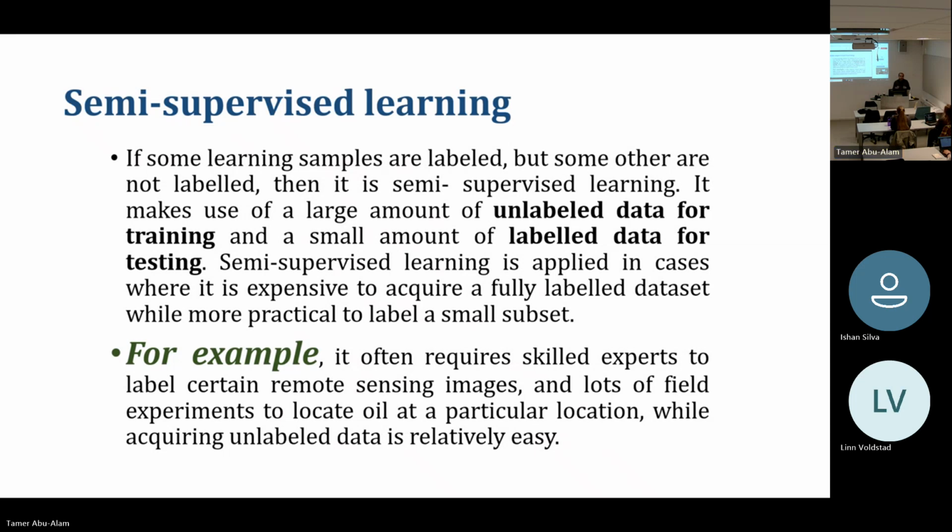But if you make it completely unsupervised, the machine will give you clusters. They will tell you some clusters, and it will be so difficult in the case of image processing to give clusters, because now you have geomorphology, you have land, you have people, you have behavior of people.